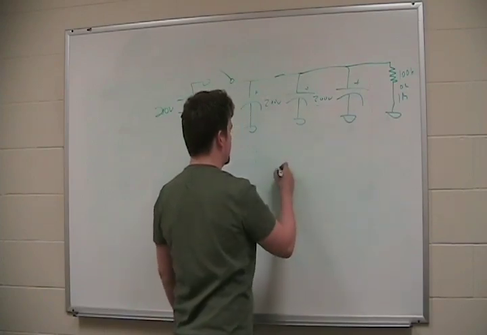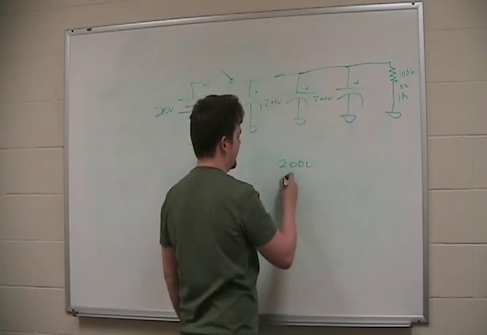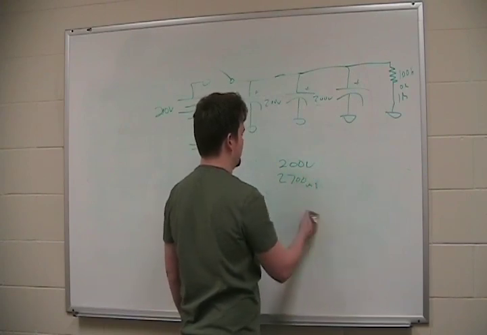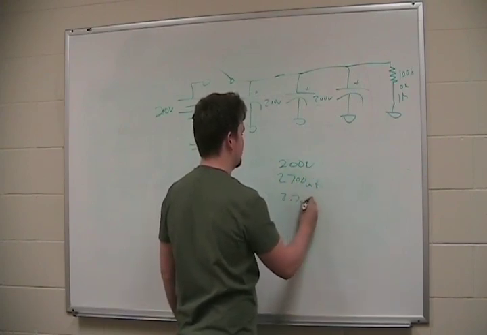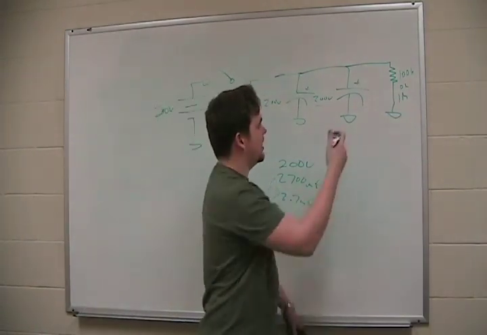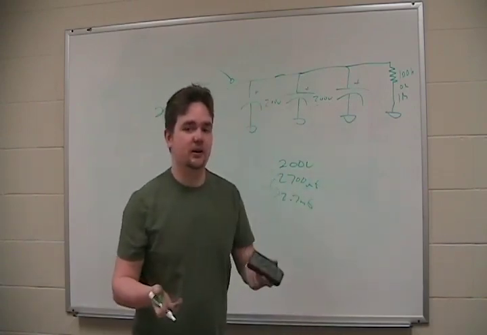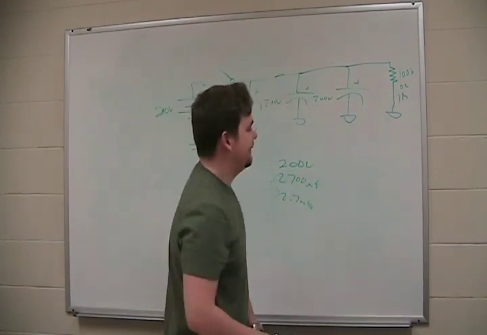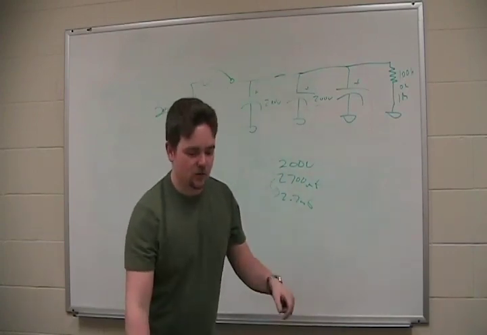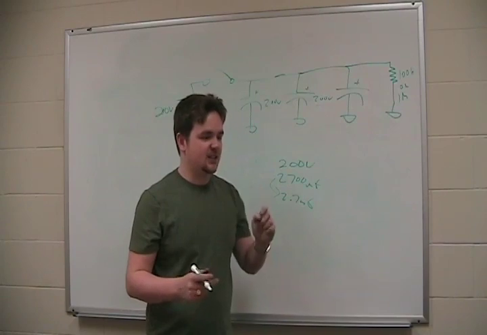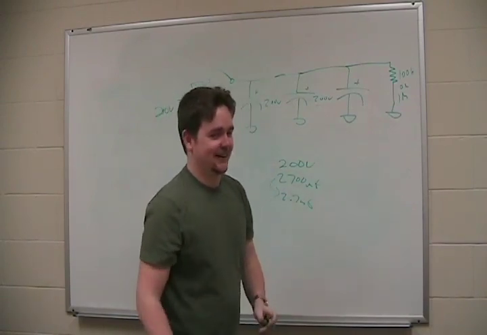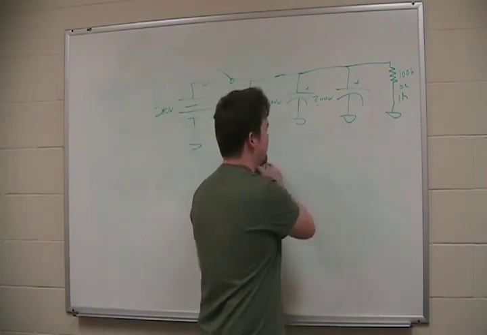If we have a 200 volt, 2700 microfarad capacitor, which is 2.7 millifarads, fully charged, and the circuit does not have a bleeder resistor on it, and I touch the positive and the negative leads, and I'm grounded, it's going to hurt so badly, and I've been there.